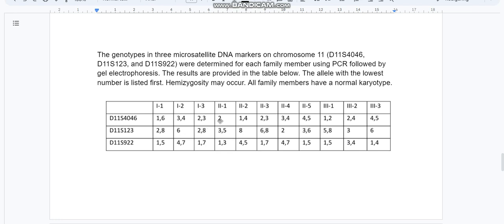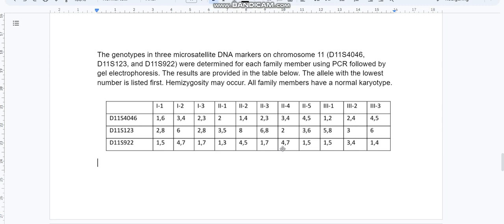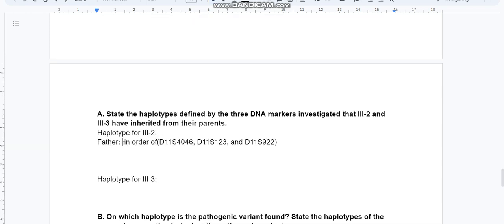So he must get the 2 from this allele, and then from this one, and then the last 3 here he must have got from here. Okay, so this is the haplotype 2, 3, 3 for the father.